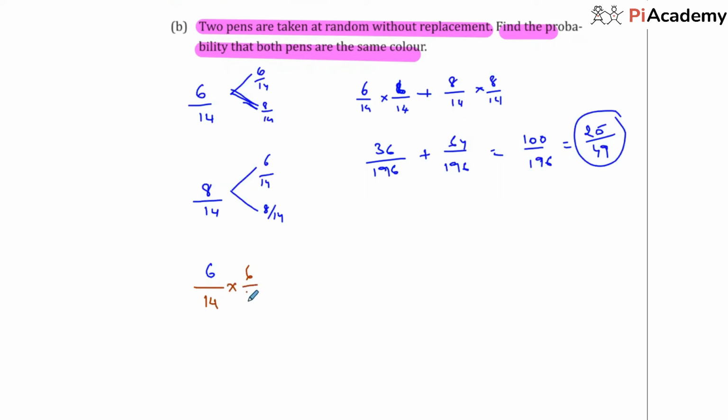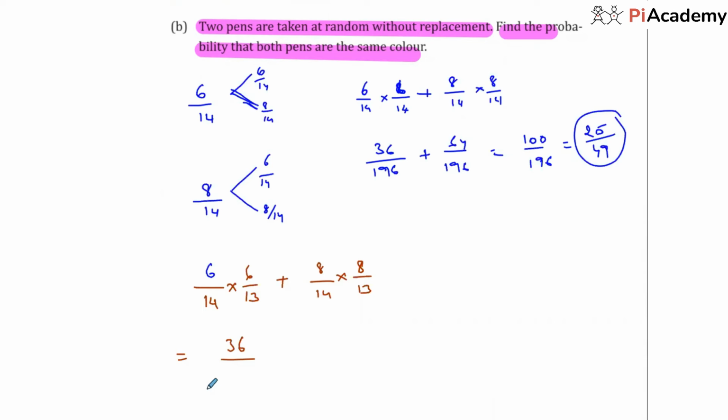So 6 out of 13 plus 8 out of 13. Because what is happening is basically you're getting no replacement. And because there's no replacement, you can never have the same amount of pens you started with at the end because you're taking 1 out.